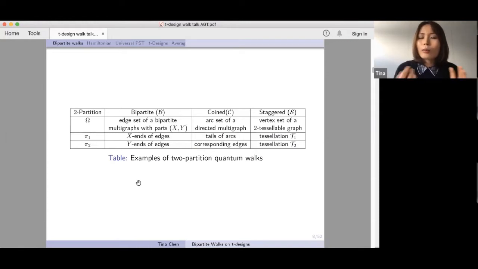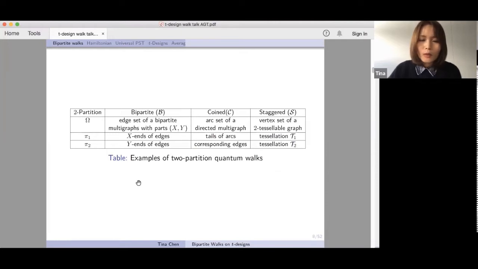Other than our bipartite walk, the coin walk and the staggered walk are also members of the two-partition walk models. In their paper, they study the unitary equivalence relations between those models. But today we are not going into any other models. We're just going to focus on our bipartite walk model.